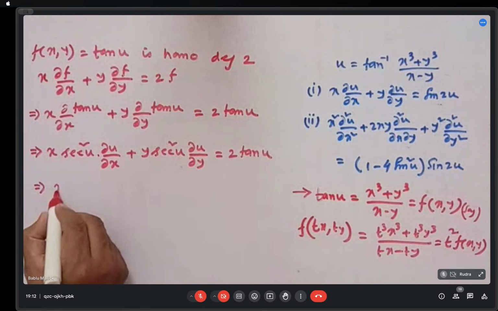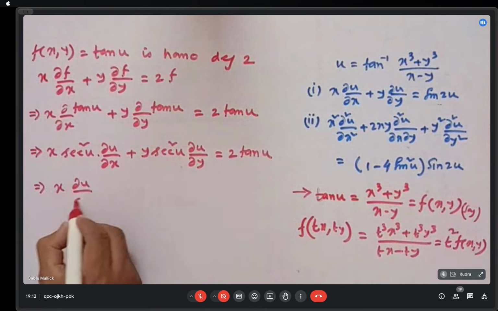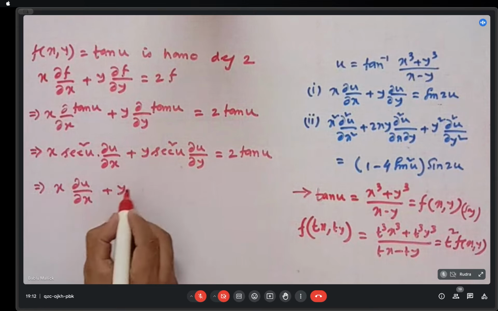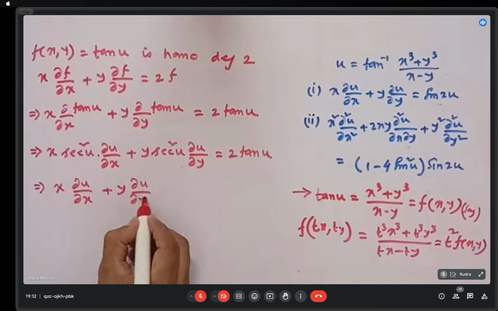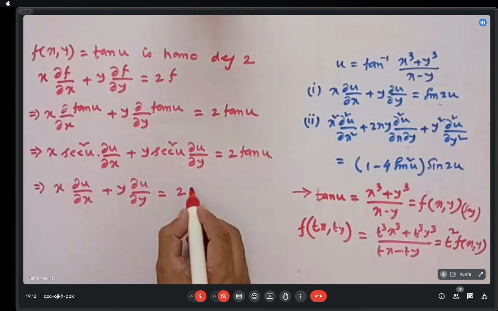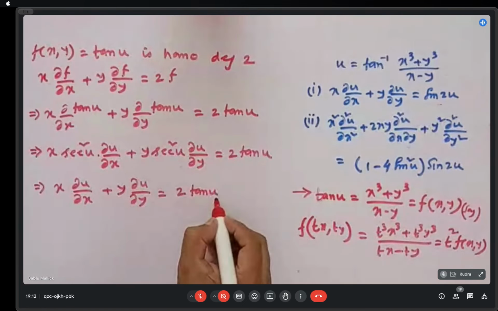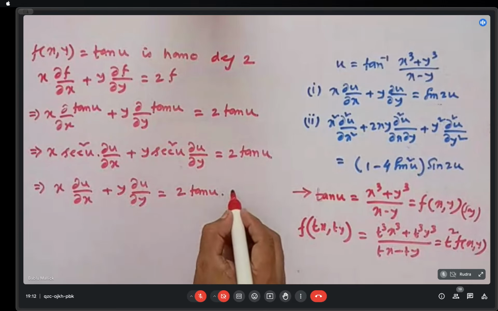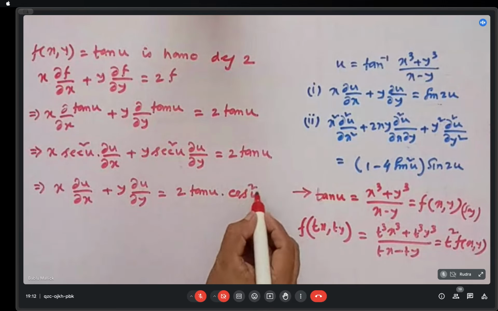So x into del u del x plus y into del u del y is equal to 2 tan u divided by sec square u, which is actually cos square u.